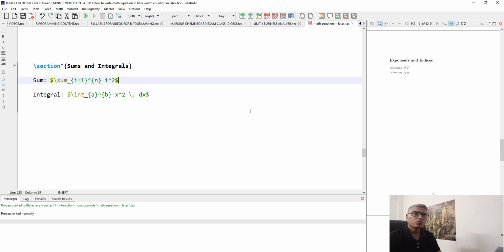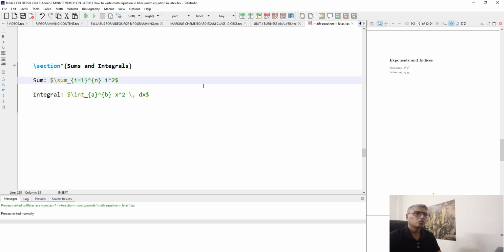Now let's understand how to write a sigma function in LaTeX. So to write a sigma function, you have to use slash sum underscore i is equal to 1, this is your lower limit, and raised to the power n, that means the upper limit is n here, and the function is i raised to the power 2.